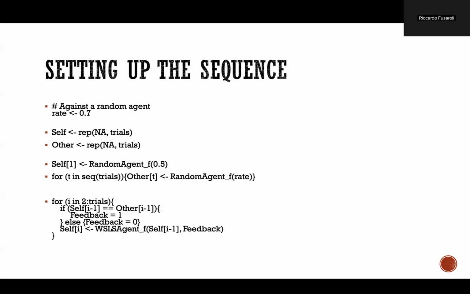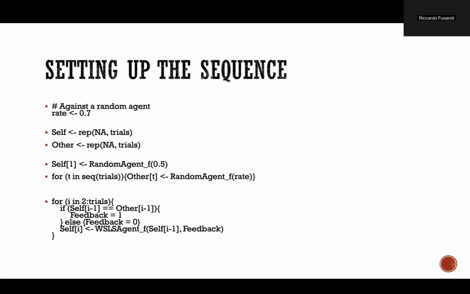But for the win-stay, lose-shift, we start at the second trial because the first one was the random one. We go through all the trials and we say, if the previous self choice was equal to the previous other choice, then the feedback is equal to 1. Otherwise, the feedback is equal to 0.